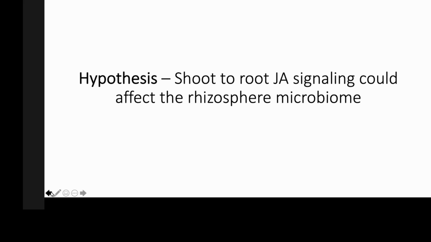And even though they didn't see any enrichment of jasmonic acid signaling in roots, they hypothesized that perhaps it's the shoot-to-root jasmonic acid signaling that could affect this rhizosphere microbiome composition. So the idea is that you see enrichment of jasmonic acid defenses in the shoots, and then perhaps that might be affecting root jasmonic acid signaling.